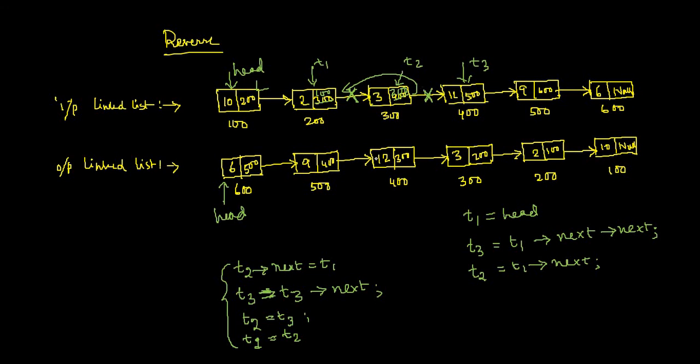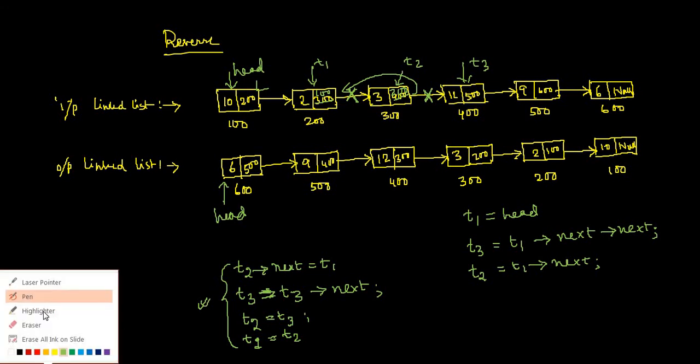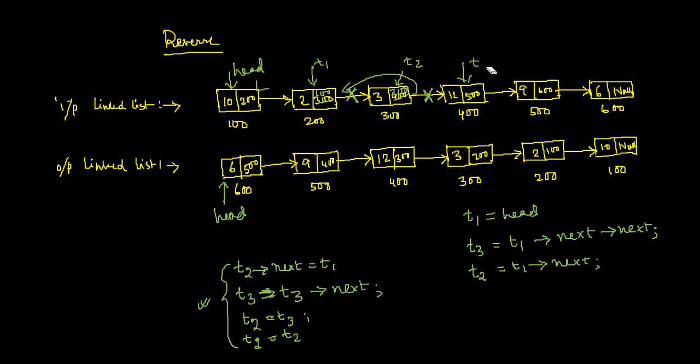Let's see. If I execute this set of code again, what will happen? This T3 that was currently pointed will become T2. This T1 will vanish. T1 is not pointing here. T1 will now point here.